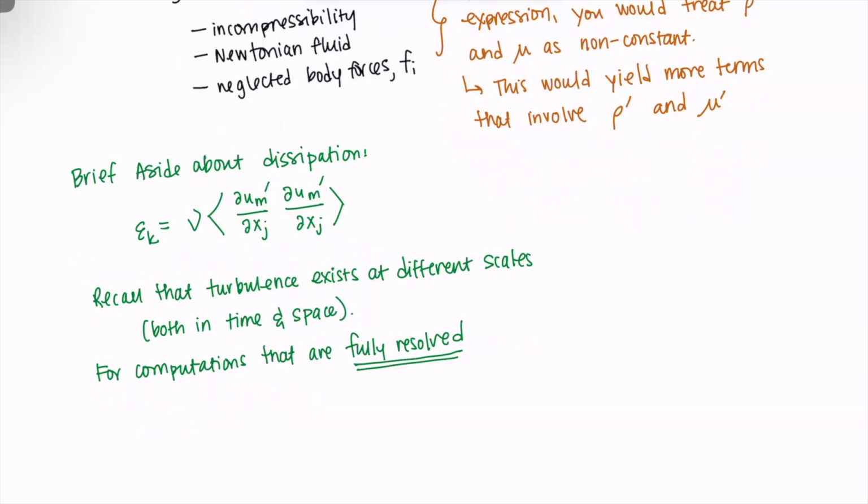So if you wanted to just solve the conservation of mass and momentum equations in a discretized sense for a turbulent flow, that's entirely possible, but you need to make sure that your grid size is small enough and your time step is small enough.